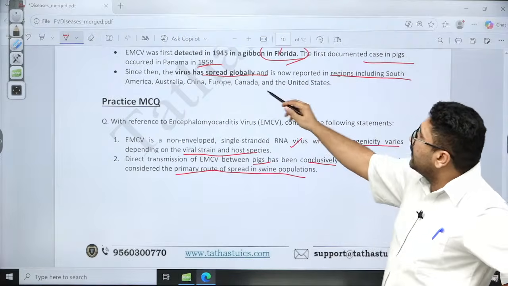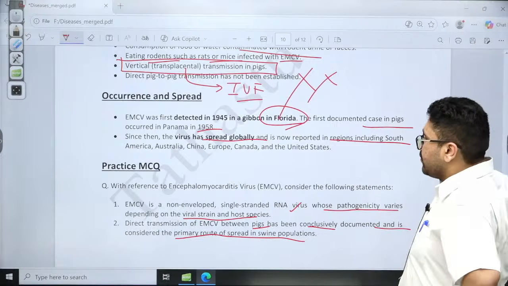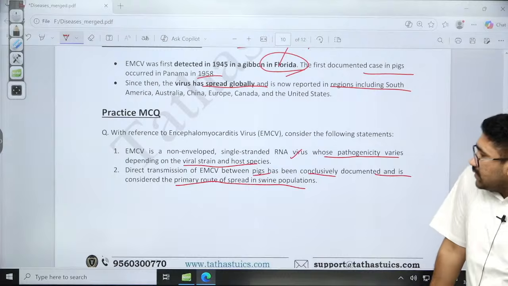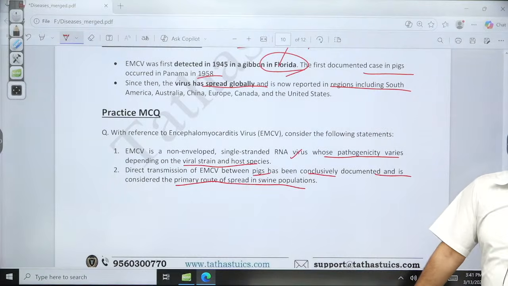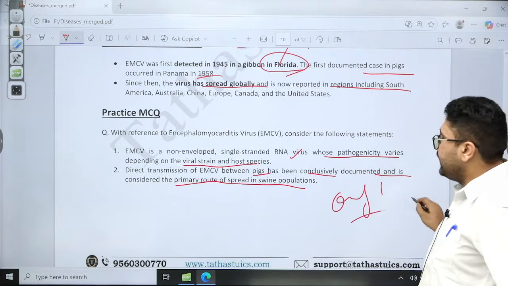Direct pig to pig transmission is not established. So that means it is a wrong statement. So only the first becomes the right answer.